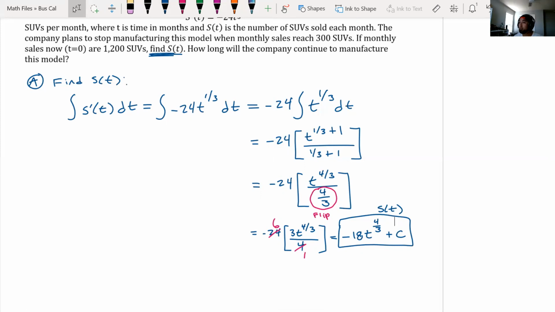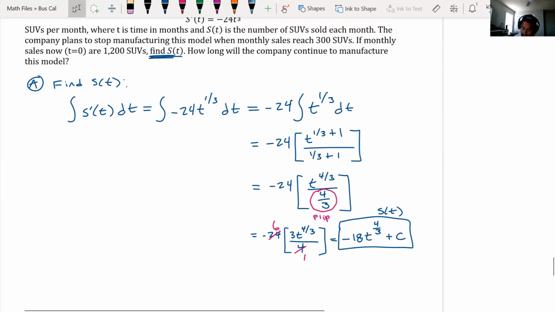So then for this one, in order to find out what C is, they're giving us a clue. They're telling us that when time is 0, there are 1,200 SUVs. And that's still negative, right? Yep, negative, and then 4/3.